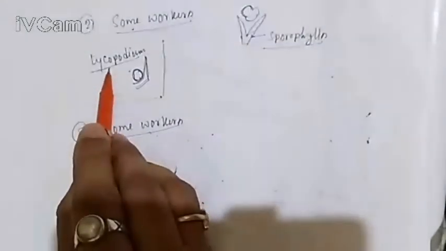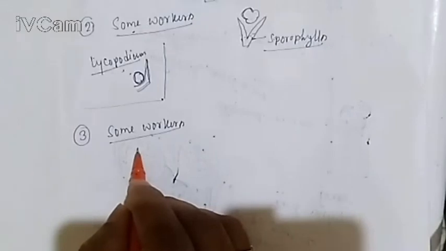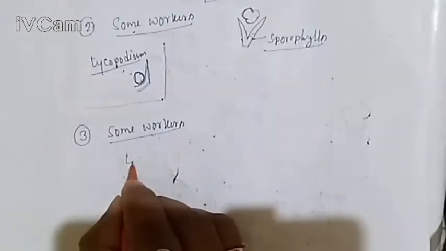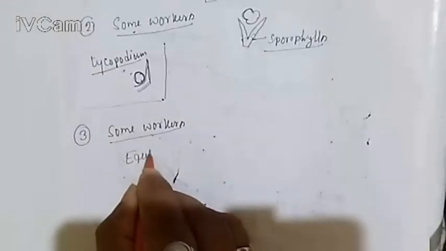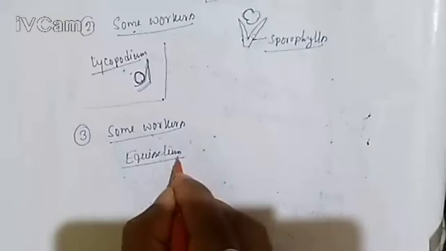Actually, they are trying to compare it with Equisetum. I took Lycopodium as an example because they compared it with Lycopodium, and these workers compared it with Equisetum. This is Equisetum. Equisetum is also a fern.